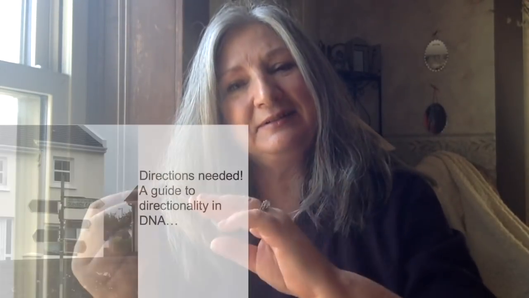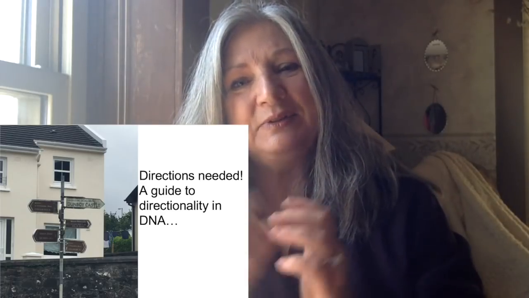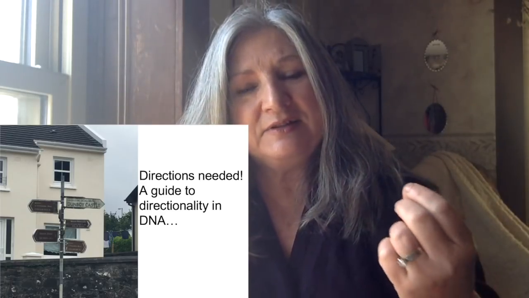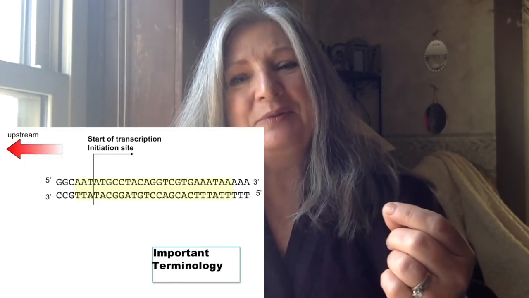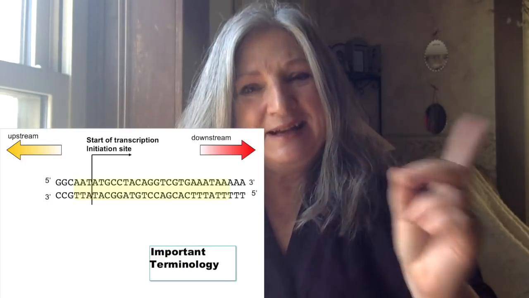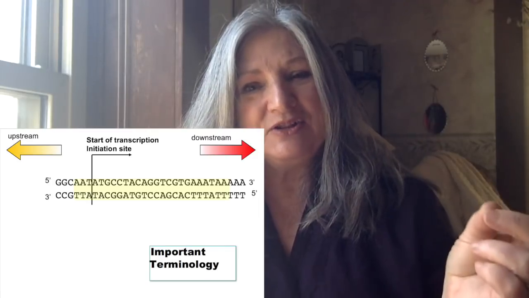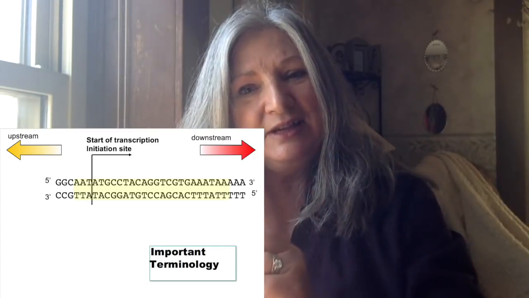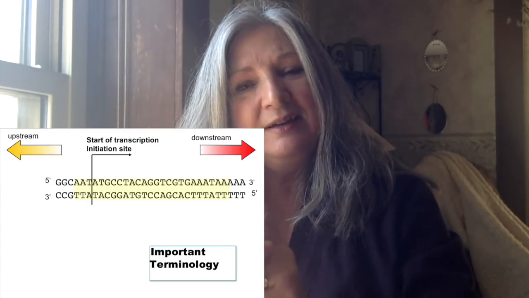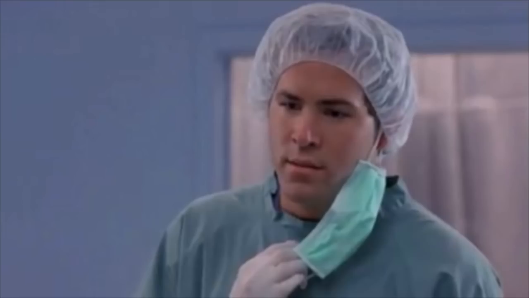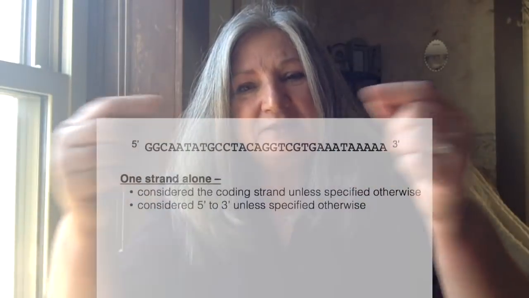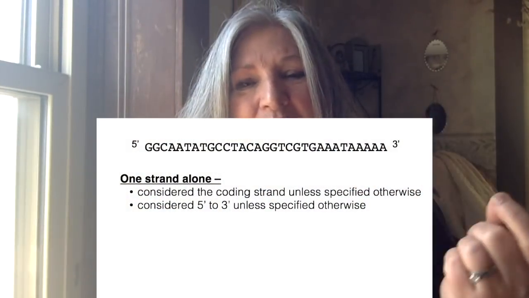We also have to have some terminology so that we can talk about directions in relation to a landmark. In transcription, these directions are upstream, which is in the 5' direction, and downstream, which is in the 3' direction. And this is in relation to a landmark, and it's also in relation to the top strand. Why? Because in general, the top strand, the coding strand, is the more important sequence.